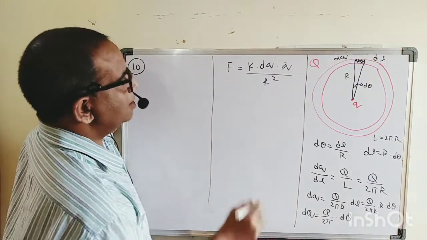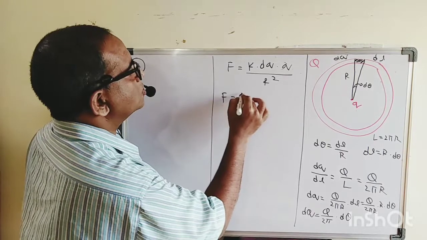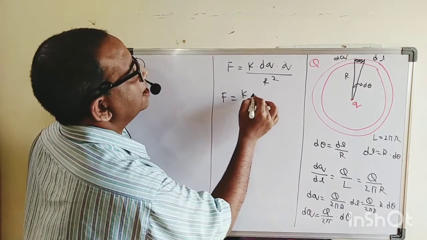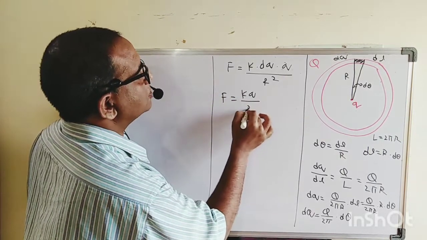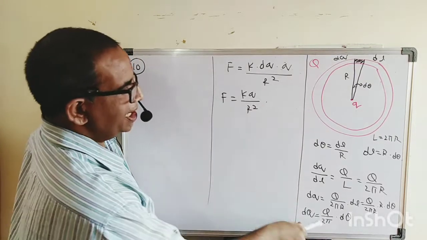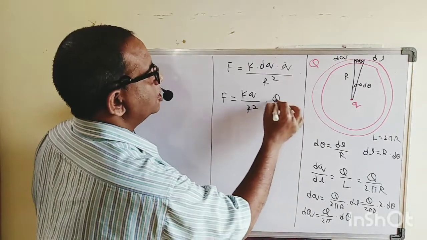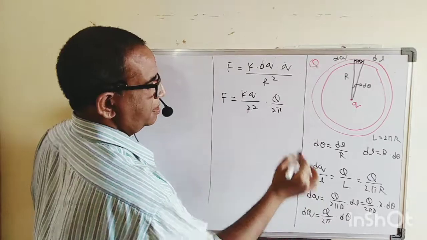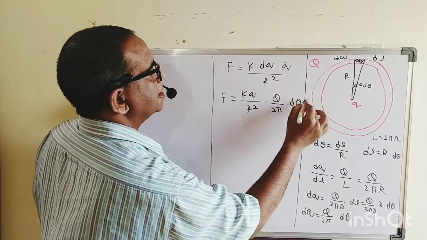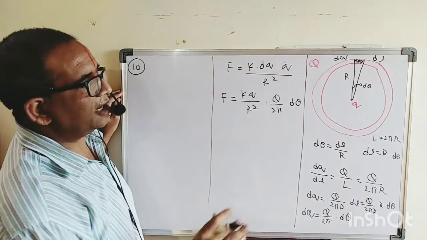But what is the dq value? Therefore, F is equal to k into q by r square into q by 2 pi into d theta. Can I write like that?